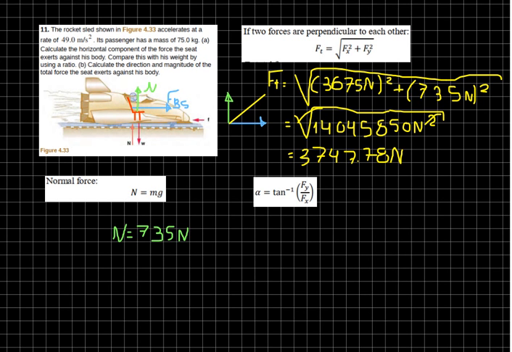And to know exactly where that total force is going to be, the direction, we need to calculate an angle by the inverse of a tangent. There we have the formula.